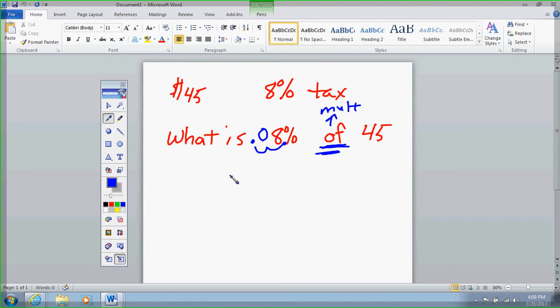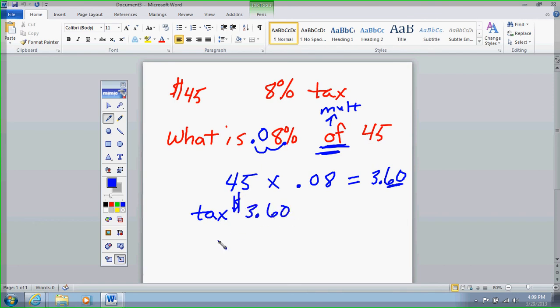So I'm going to multiply 45 times 0.08. And that gives me 3.6, but I need to add a 0 on there because dollars and cents is 2 decimal places. So my tax is $3.60.